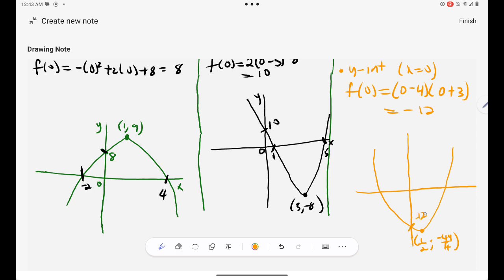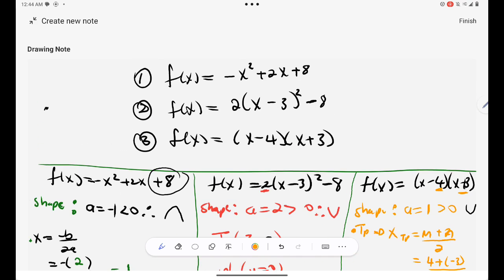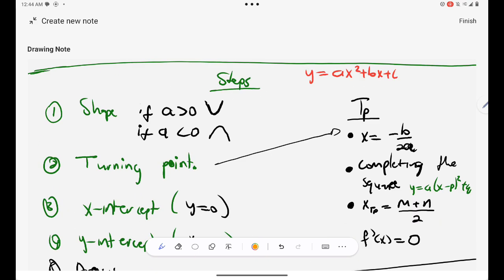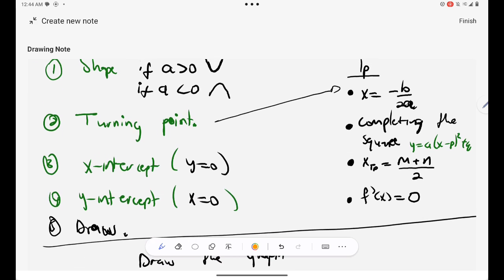Here I'll have a negative 12, then I'll have a negative 3 and a positive 4. Always label your axis, y, 0, x-axis. This is how my graph should look like. This is how, guys, you tackle the questions of quadratic equations.